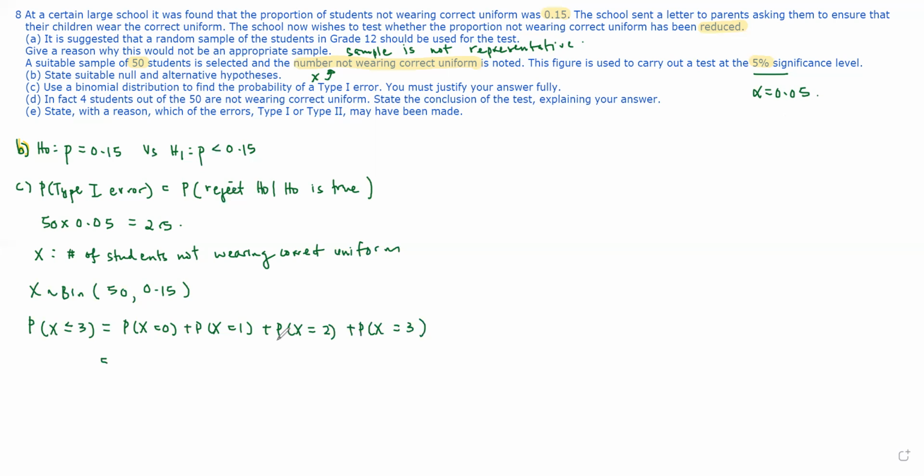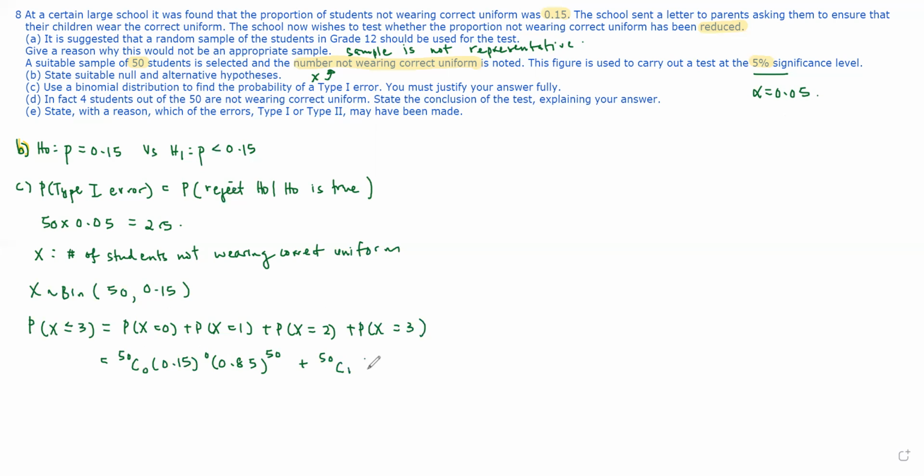We use the binomial PDF to find these probabilities. So you have 50C0, 0.15 to the 0, 1 minus 0.15 is 0.85. That is probability X equals 0.